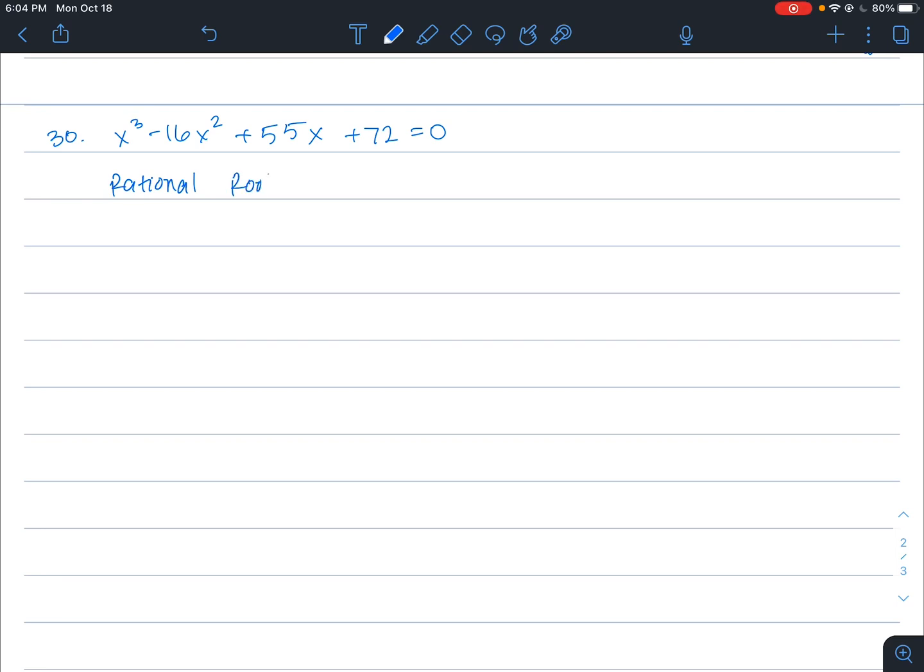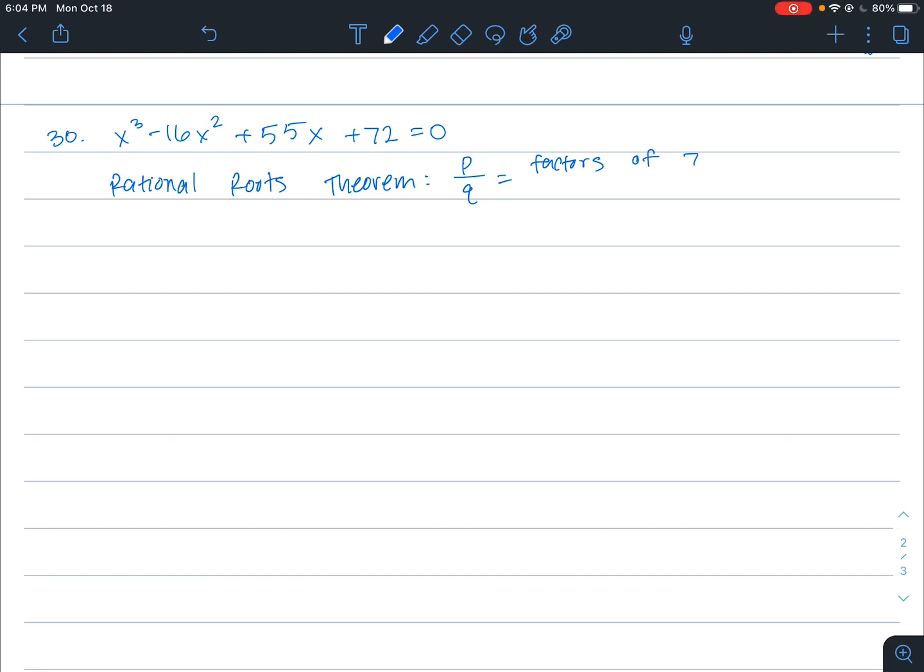Rational roots theorem. What this says is it gives you a list of possible solutions to your polynomial equation. It's stated like this: P over Q is a possible solution to your equation, where P are the factors of the constant coefficient.